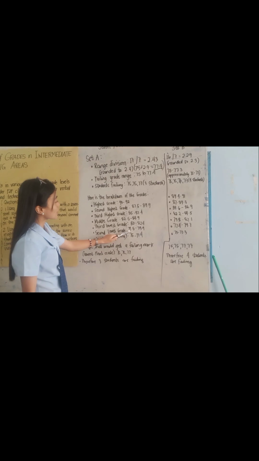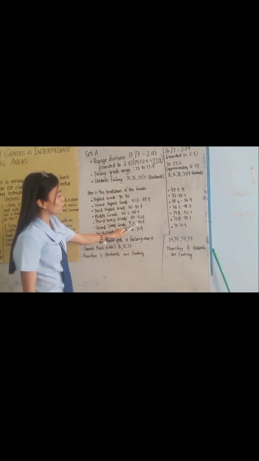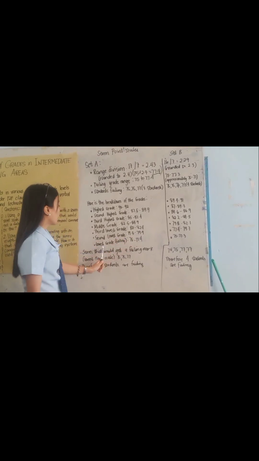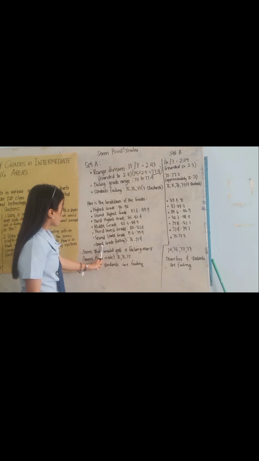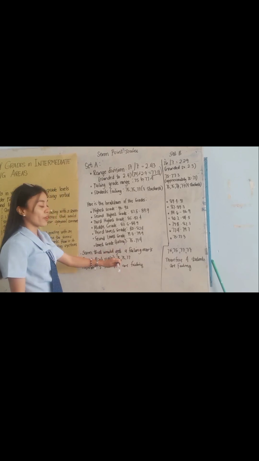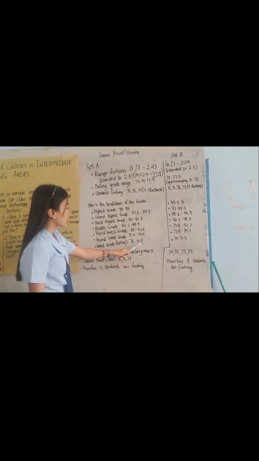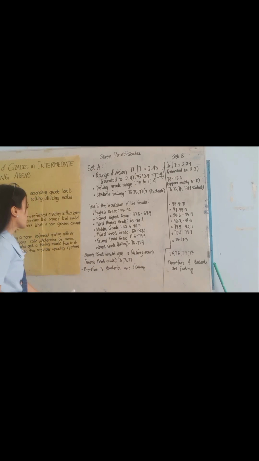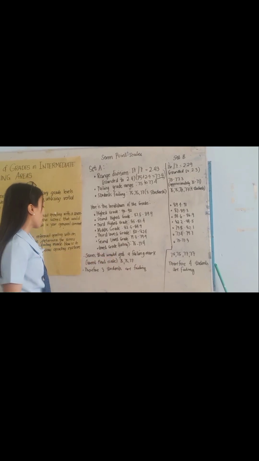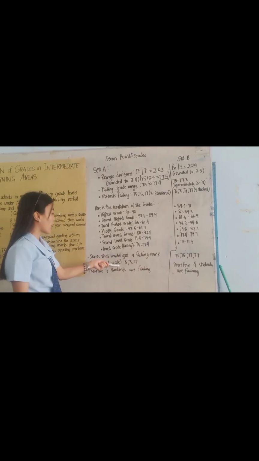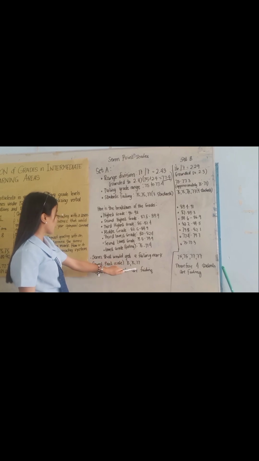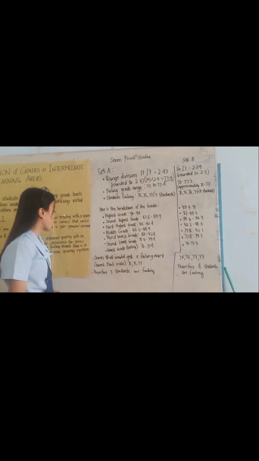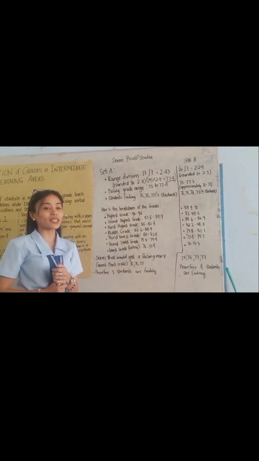The second lowest grade is 77.5 to 79.9. Then the lowest grade, which is the failing, is 75 to 77.4. So the scores that would give a failing mark in the 7-point scale are 75, 75, and 77. So therefore 3 students are failing.